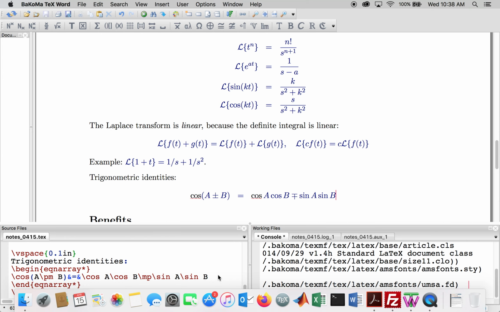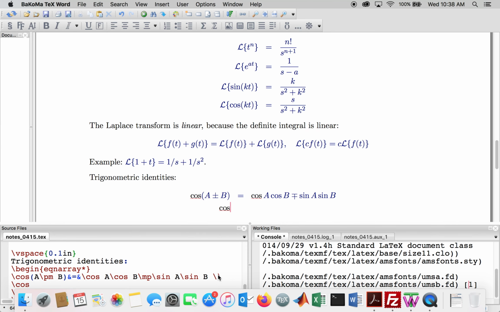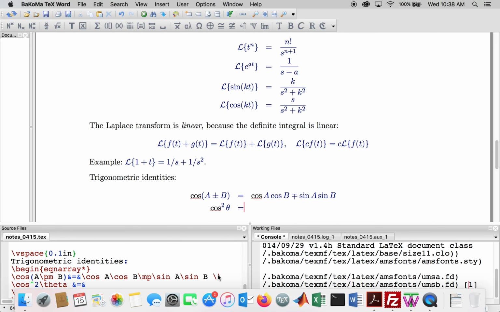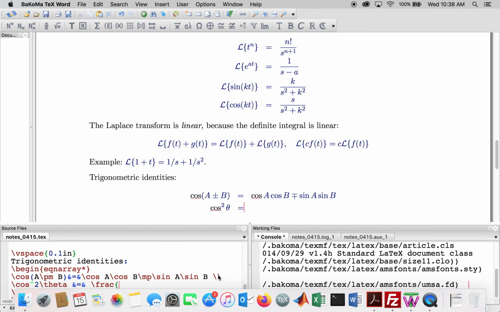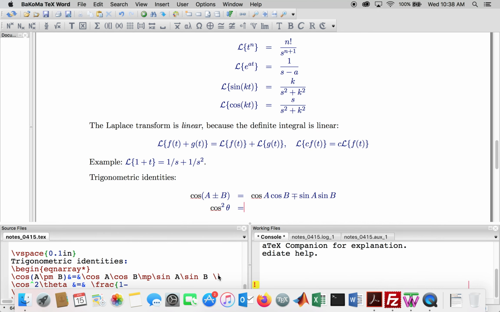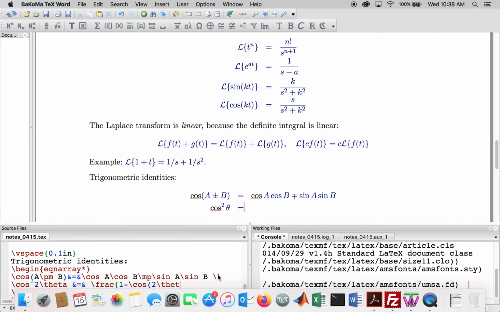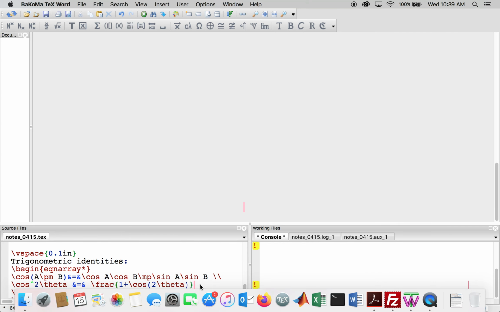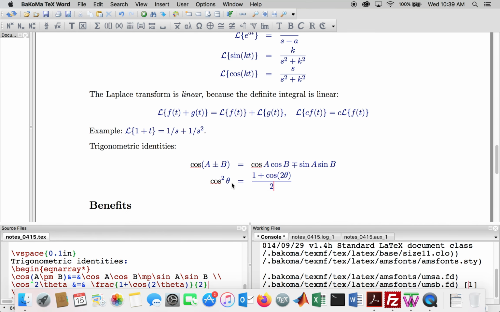So that's one trig identity. A very good one to know, just in general. Cosine squared of theta, you use a half angle formula, so 1 plus cosine of 2 theta all over 2.